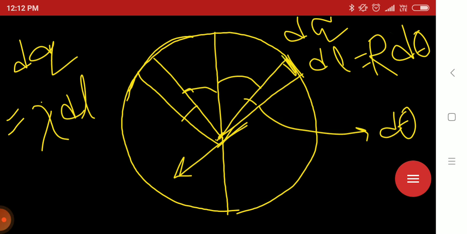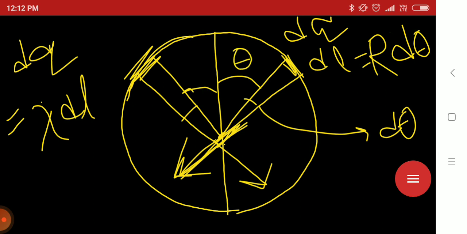For this small charge element dq, the electric field is here, and due to this small element dl, the electric field is here. So here it is a theta angle. Here it is also a theta angle. So here the component will be the cos theta component, and this component will be the sin theta component.